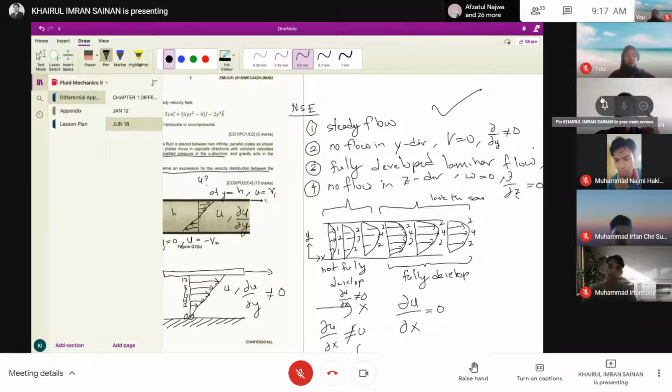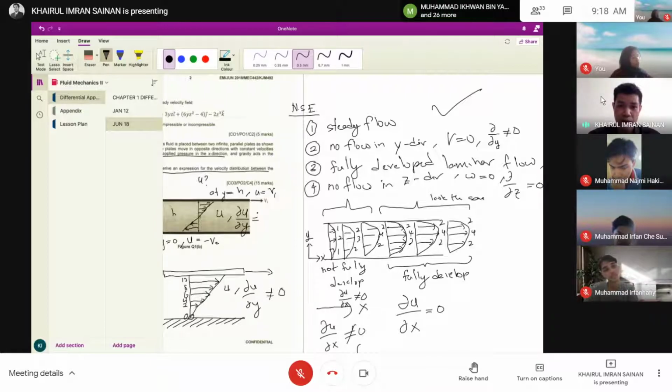Due to what? The answer for both del over del y and del over del z is because of this: del u over del y, we already found is not equal to 0. How do we find this?